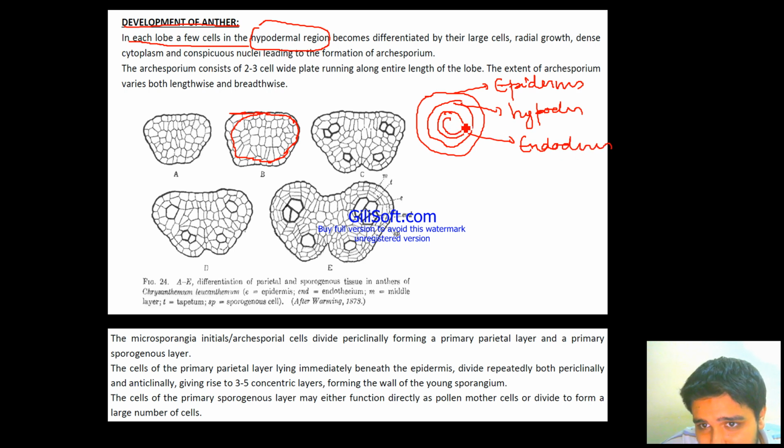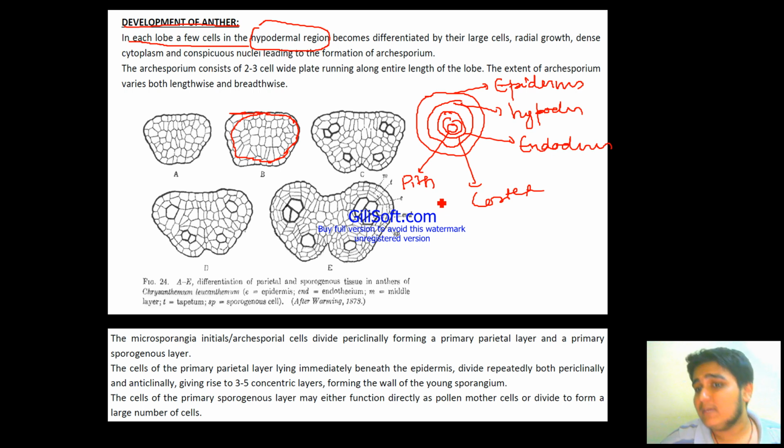After that, if present, there can be a cortex. After that, if present, there can be a pith. This is something you study in a lot more detail in anatomy, which is the next workshop which I'll be taking. So if you're talking about the hypodermis region in here, these cells over here make up the hypodermis. Probably the second layer. They are the hypodermis cells.